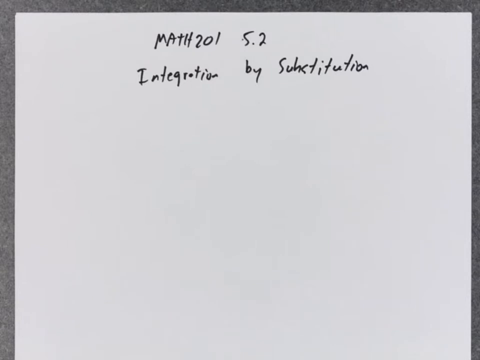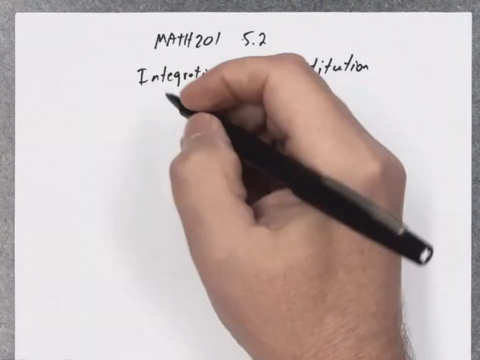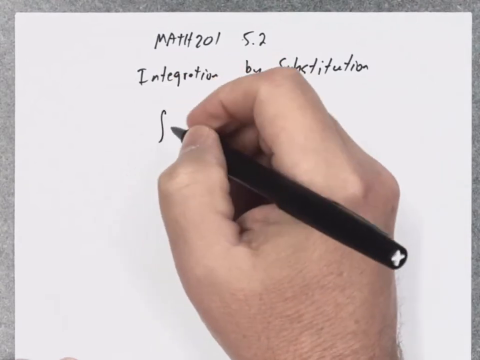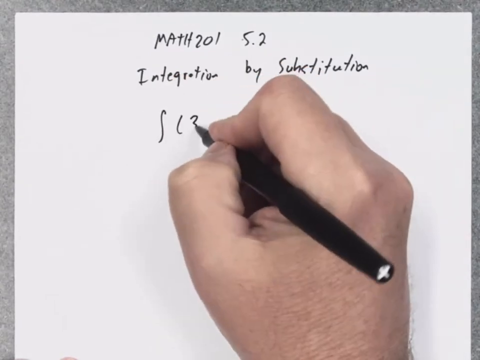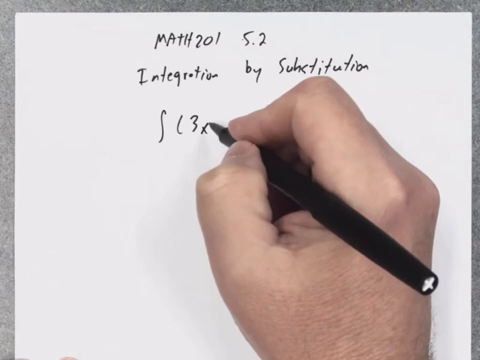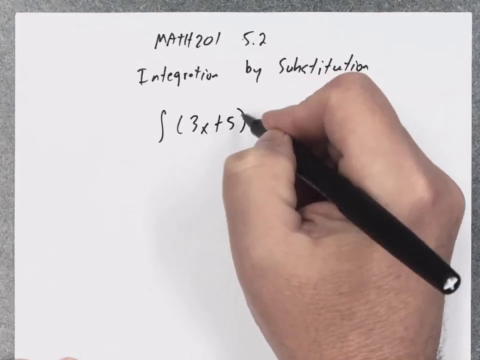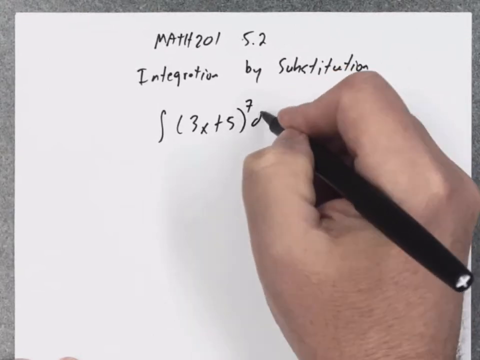There are limitations, there are rules to follow, and in the last section we talked about some of the basic rules for taking integrals. So for instance, the first problem we're going to do today is the integral of 3x plus 5 raised to the 7th power.